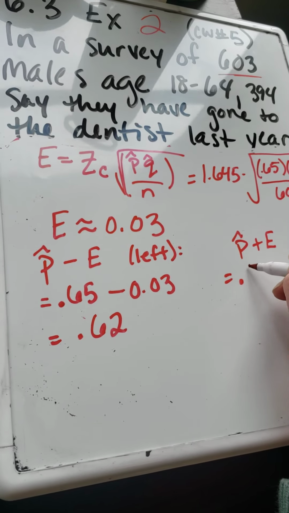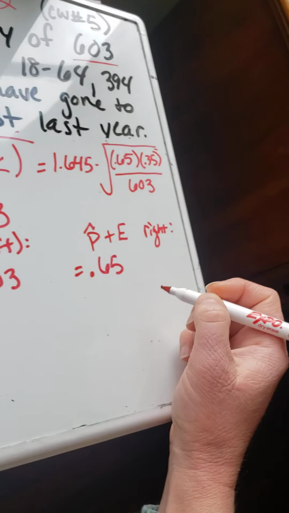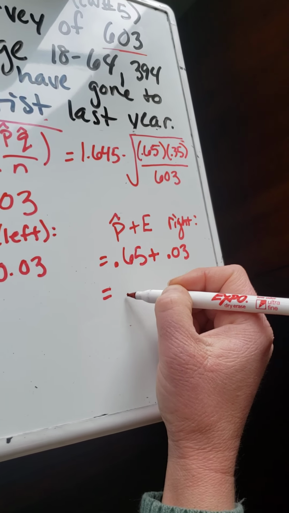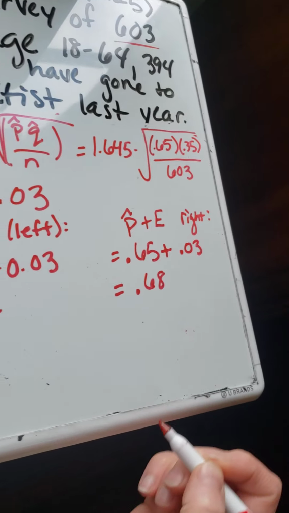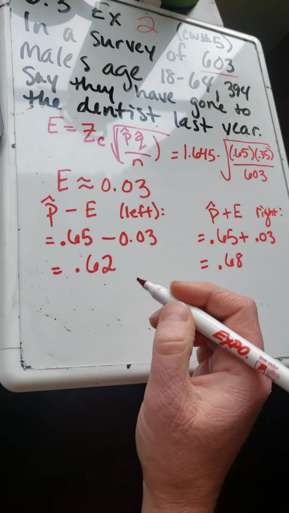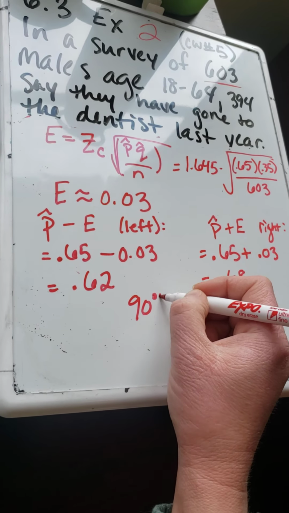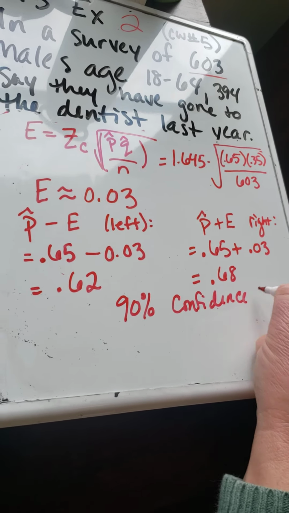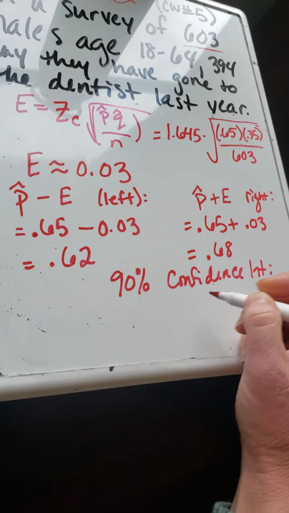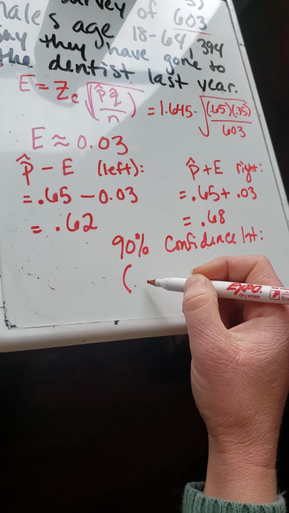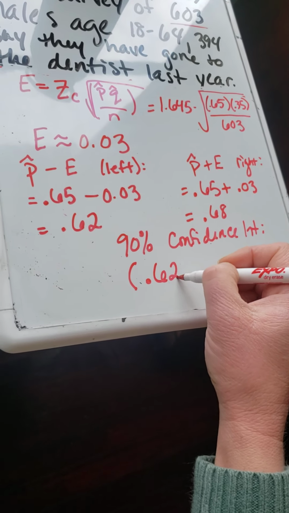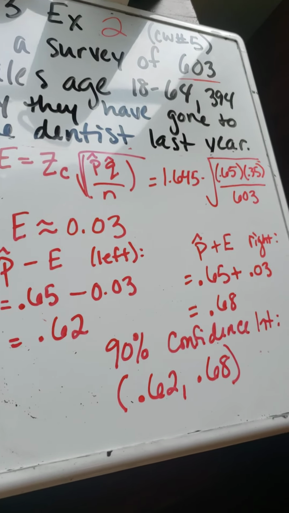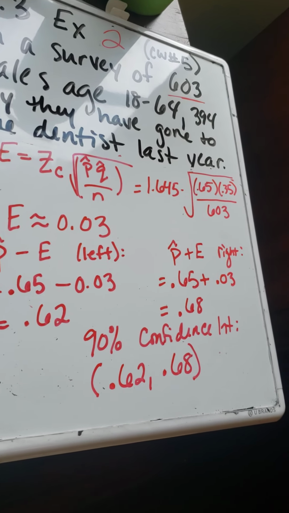So 0.65 plus 0.03, so 0.68. So that gives us our 90% confidence interval of 0.62 to 0.68. So that is our 90% confidence interval.